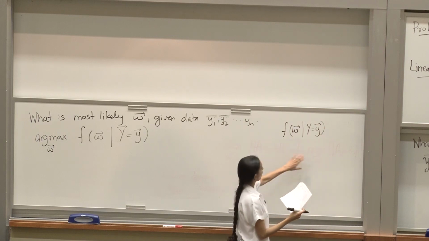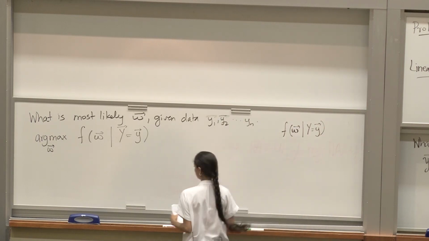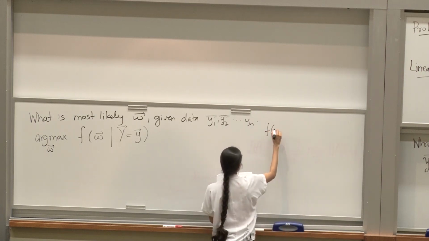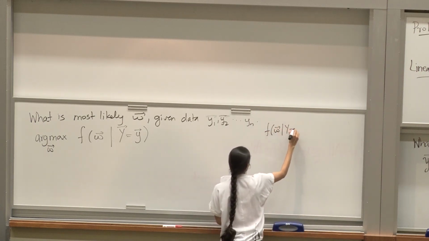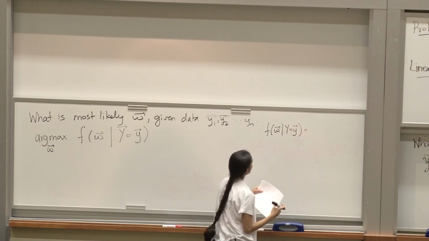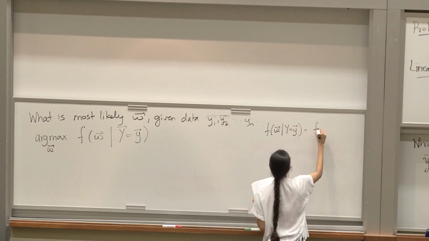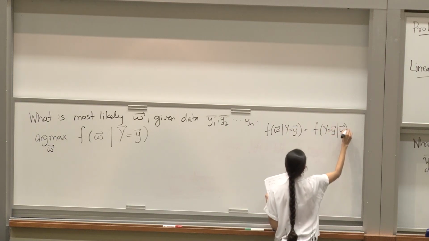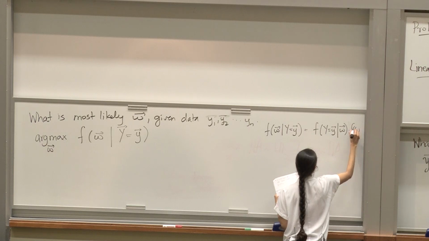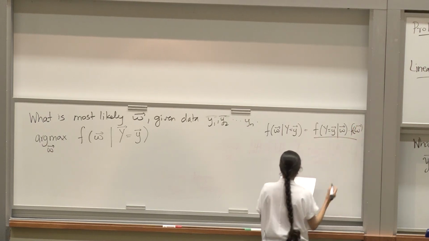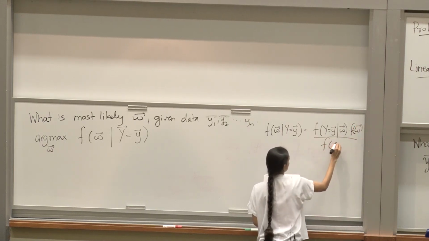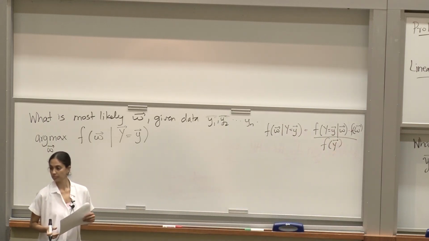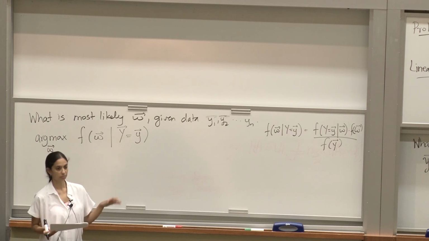I can expand this out using Bayes' rule, which tells me I can write this as f of Y equal to y given W times the density of W itself, normalized by the density of y. Everyone remember Bayes' rule?